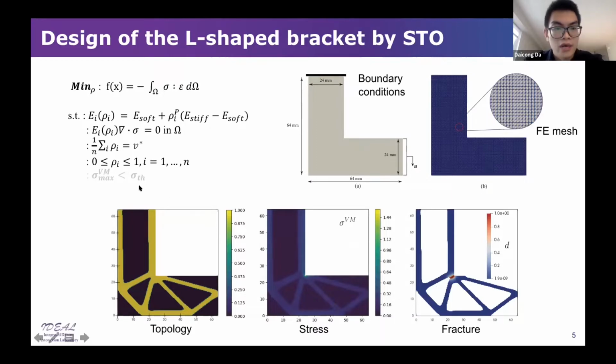So here, without any stress control, you will get a topology like this, and it will have a higher stress concentration around this corner. And if you use linear elastic fracture mechanics to analyze this brittle structure, you will observe that the crack will be initiated at this place where the stress is highly concentrated.